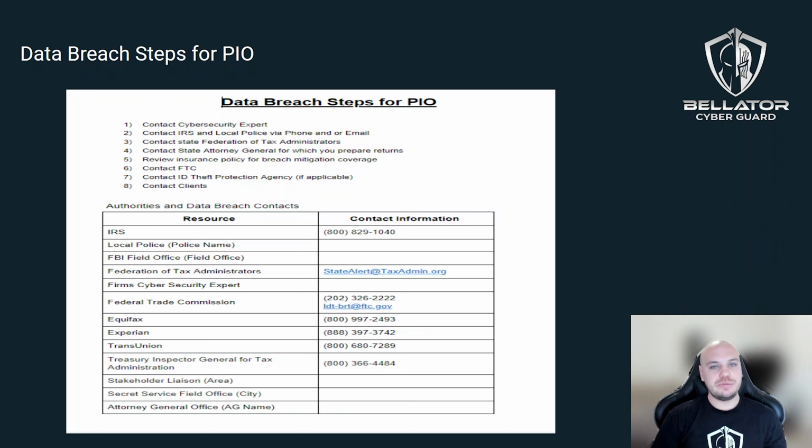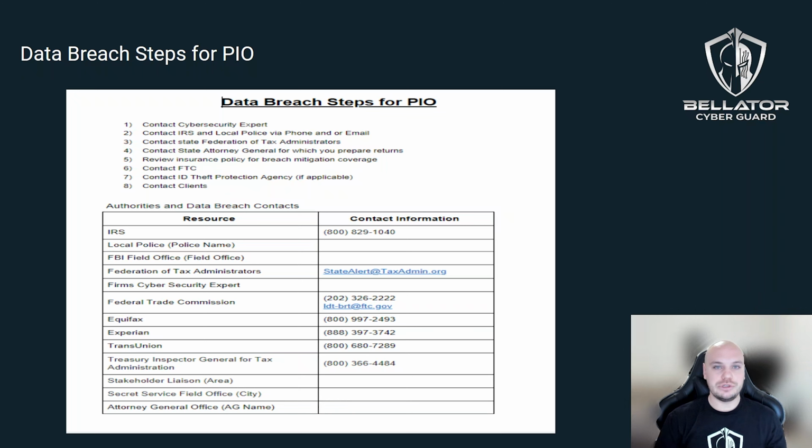So in the WISP, there should be clear-cut directions. It'll look something like this, maybe not exactly like this, but you'll have these steps for the PIO. If you remember from the WISP video, the PIO is the Public Information Officer, so they're the ones contacting outside authorities and internal contacts if they have them, as well as the clients and the cybersecurity expert.